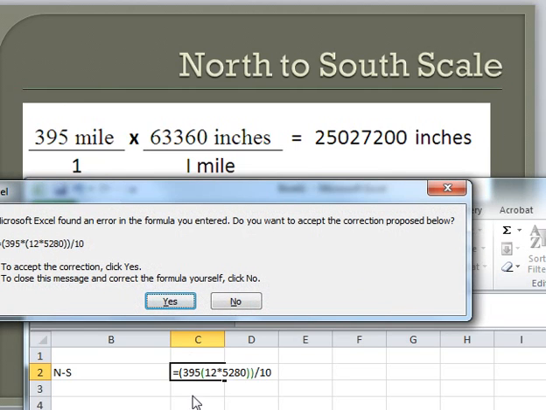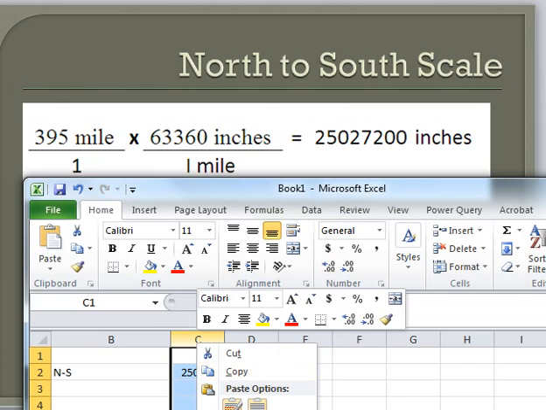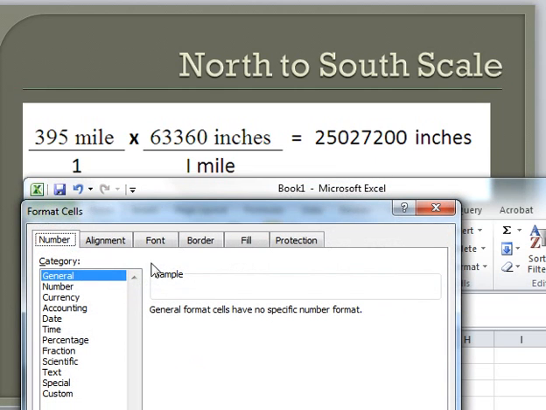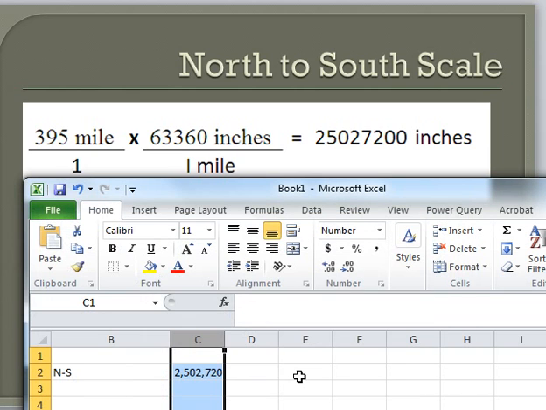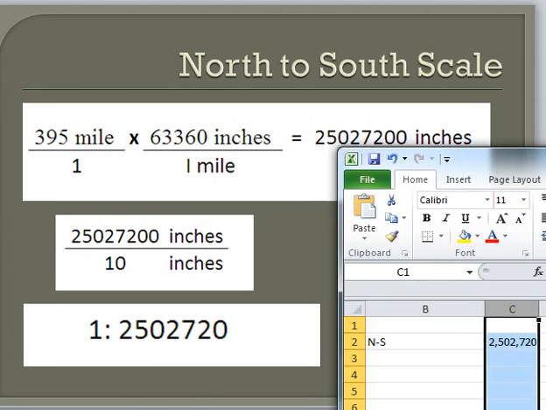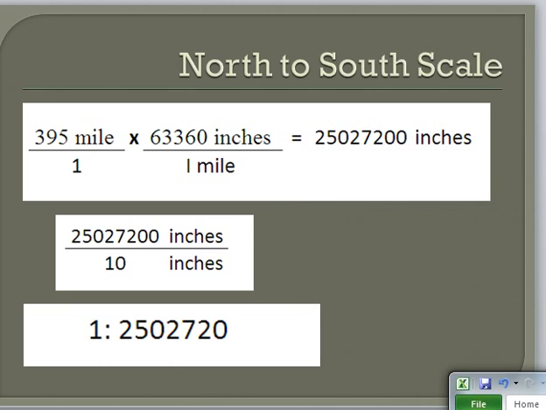Where's my error? Let's see if I add commas to that so I can read it easily. Format cell. I want to add no decimal places but comma separators. Okay, 2 million, is that what I have here? Cool. All right, so my math is good. So that's the reduction that has to happen north-south.